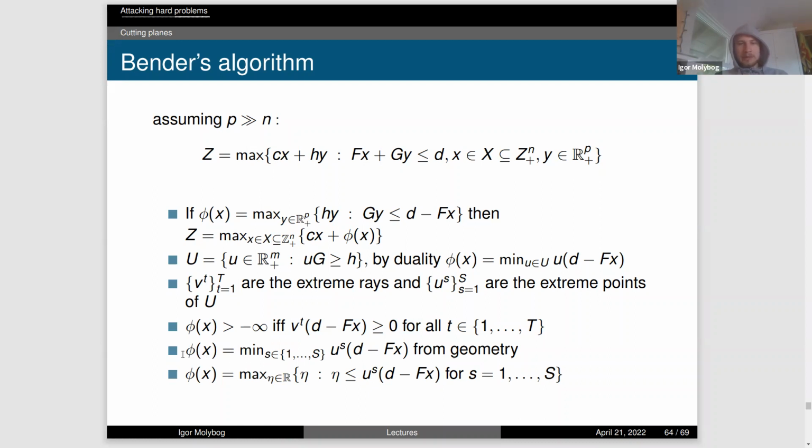Therefore, we can say that the solution to our 5x is the minimum over all of the expressions u_s times d minus fx. We just try all of the extreme points in our set, plug them into the objective function, and pick the one that corresponds to the minimal objective value. That will give us the optimal solution for the linear programming problem.